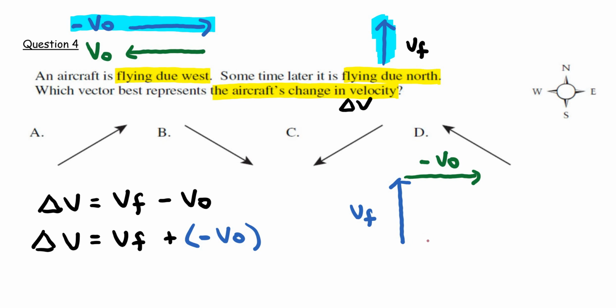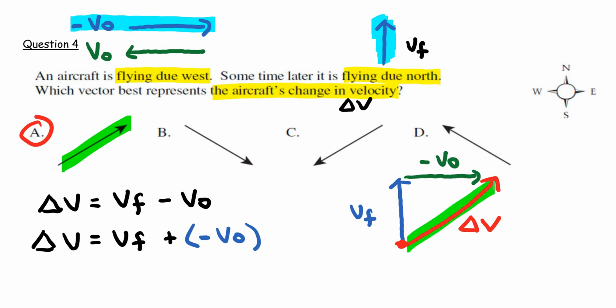To create your resultant, you start at the tail position and connect it to the head of your second vector. This right here in red is your change in velocity. So option A would represent the change in velocity.